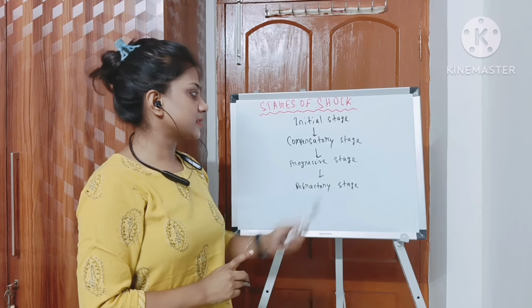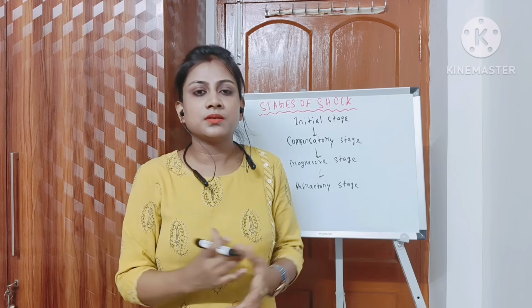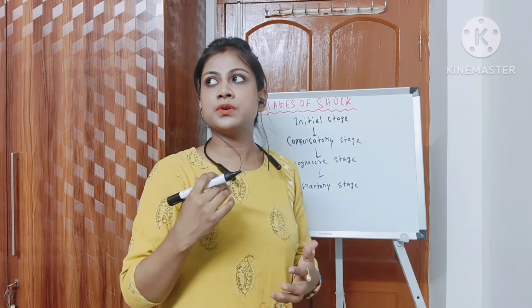Next is the compensatory stage. Now, if we observe a person coming in front of us with a knife, what will we do? We will escape from that situation, right? We will run away.